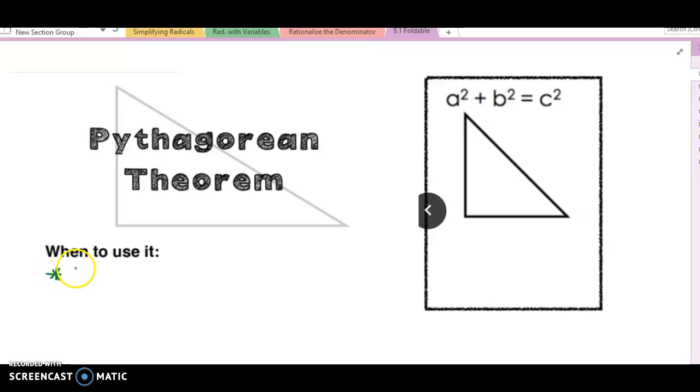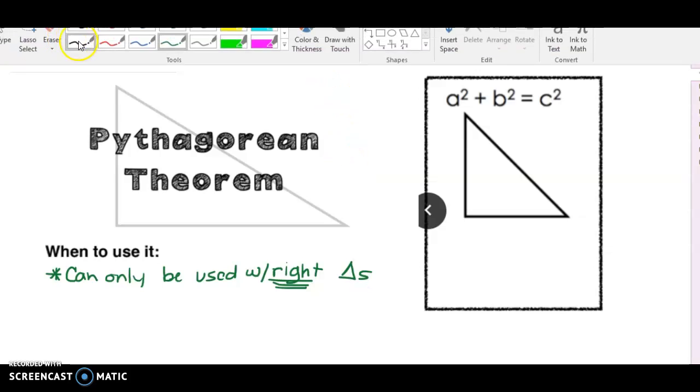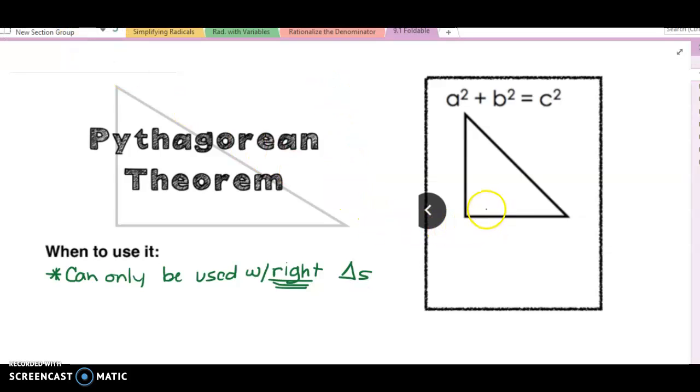The Pythagorean theorem can only be used with right triangles. If you don't have a right triangle, then you can't use it. So in order to use it, we have to have a right angle.